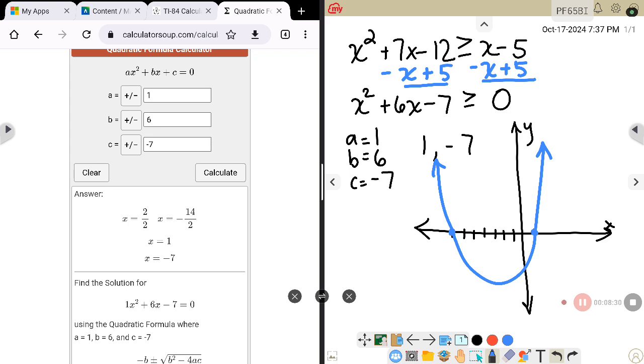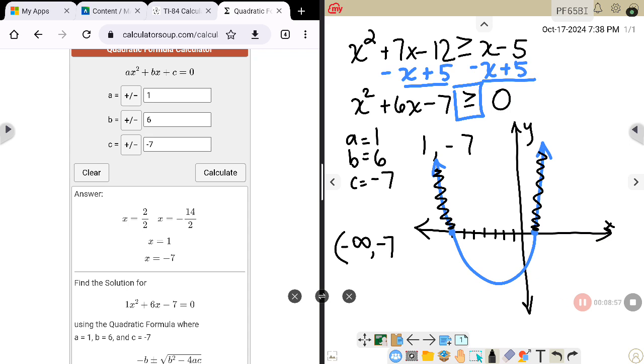And this one wants to know where it's greater than or equal to 0. So greater than is above the x-axis. So I am talking about this interval until it gets to negative 7, then it drops below until it gets to the other side. So here are my two intervals. The first one on the left side is negative infinity until it gets to that negative 7.